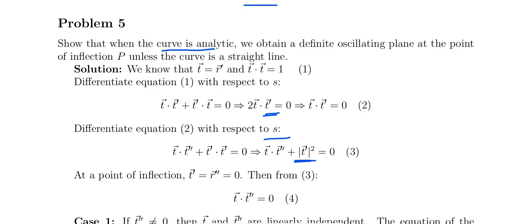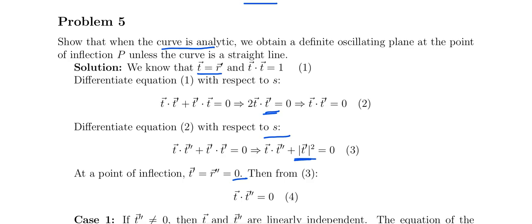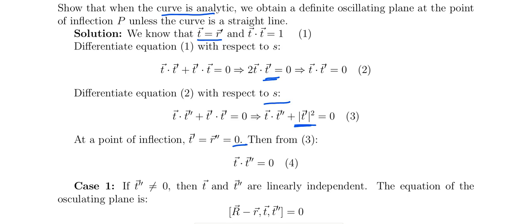Okay, this is equal to 0. At the point of inflection t dash vector equal to, what is the t vector, it is the r dash vector. That means r vector double dash becomes 0. At the point of inflection r double dash equal to 0; the second derivative is 0 at the point of inflection.